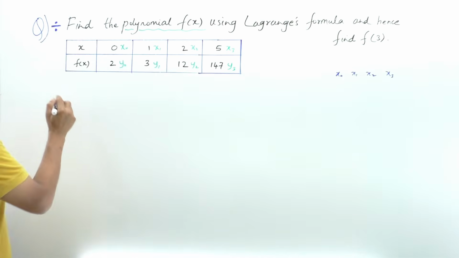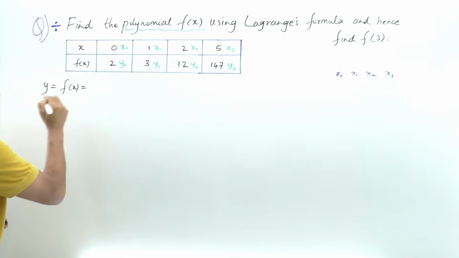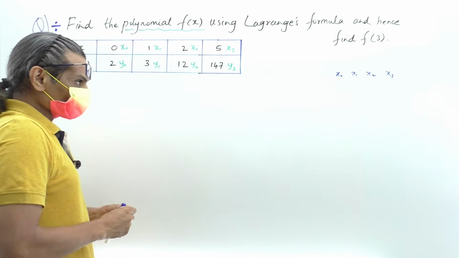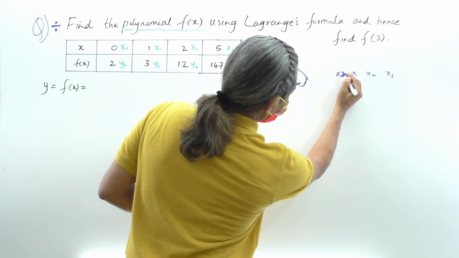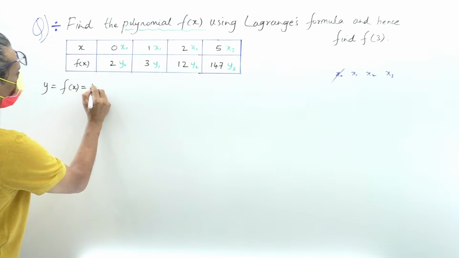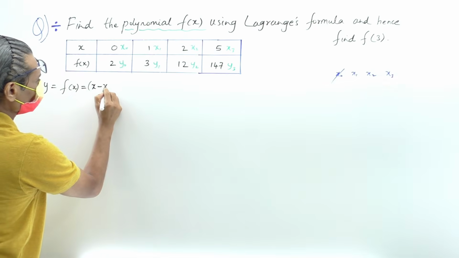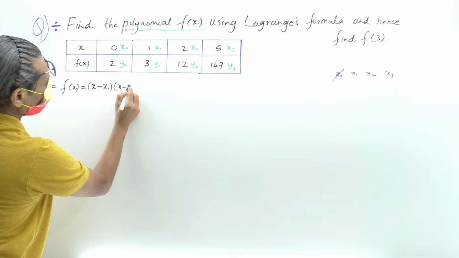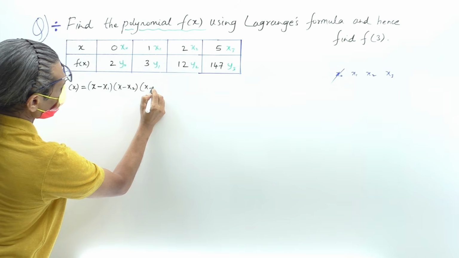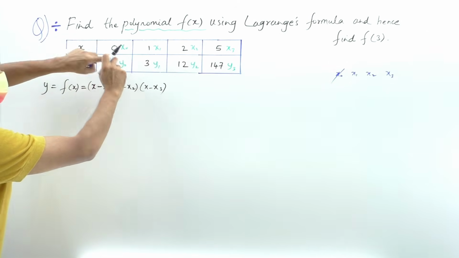So the formula y is equal to f of x equals to, see carefully, first I am going to remove this x0. When I remove x0, what remains? x minus all the terms, x minus x1, x minus x2, x minus x3 into what?